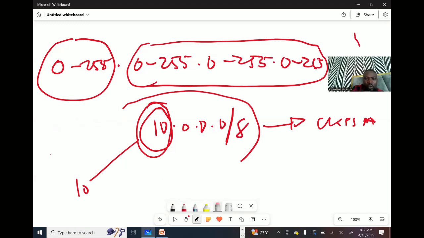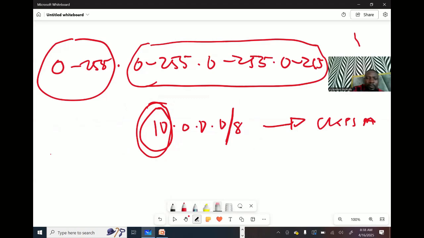So the first host in this IP address range will be 10.0.0.1/8.